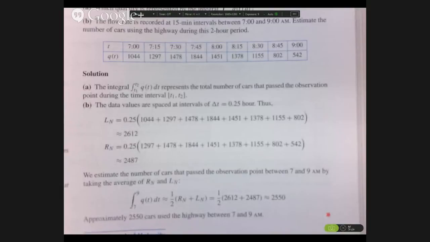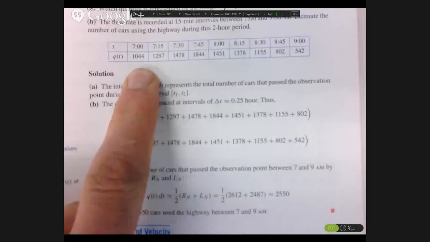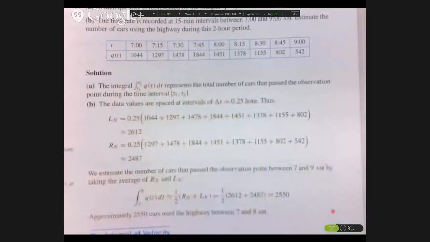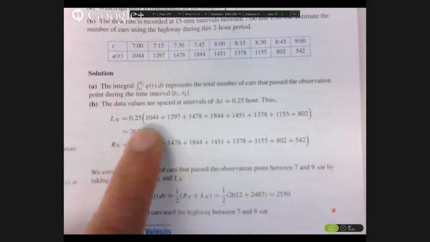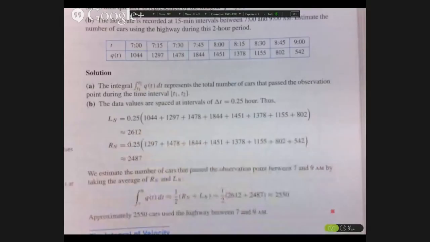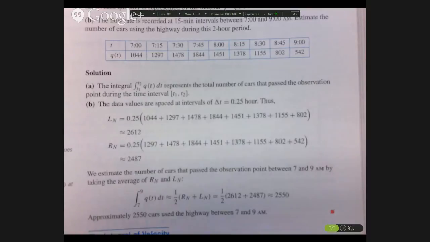So you're just taking the total area, length times width of these rectangles. They're 0.25 hours wide, and then this is the flow rate of each 15-minute interval. We can't get an exact number because we don't have a function.